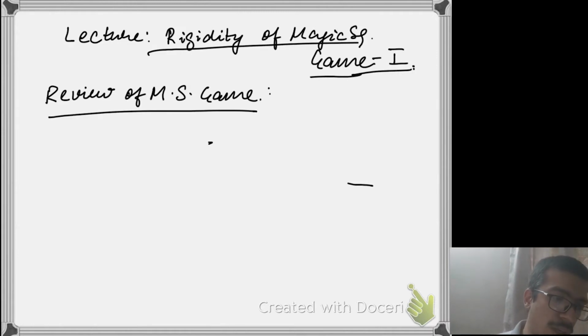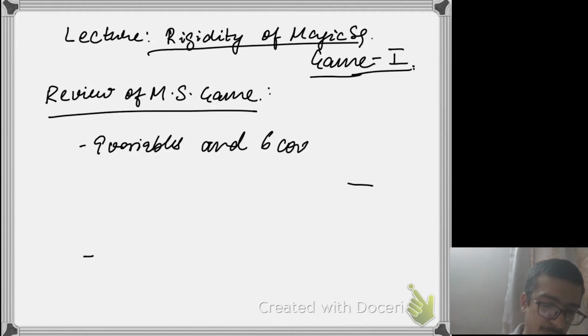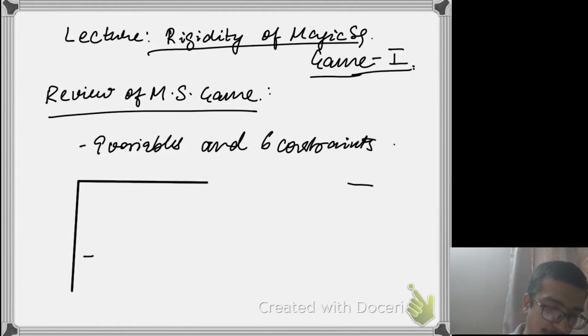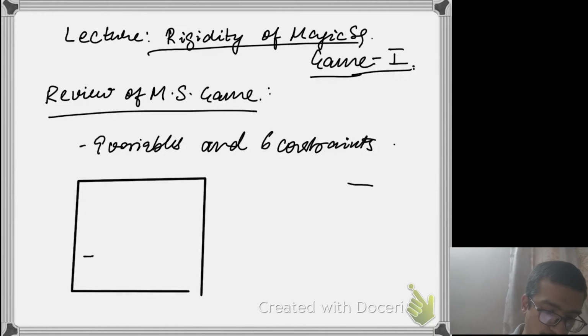If you recall, in the magic square game, the game is defined over 9 variables and 6 constraints. You can think of these variables as being arranged in a grid of size 3 cross 3 as follows.